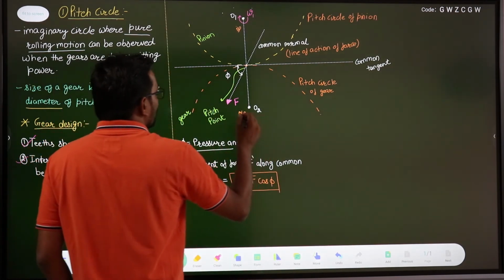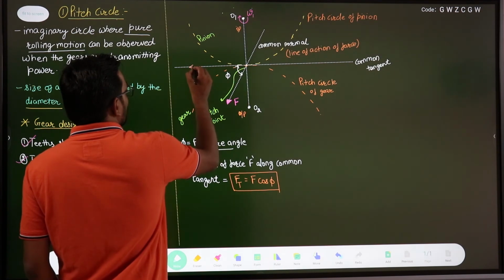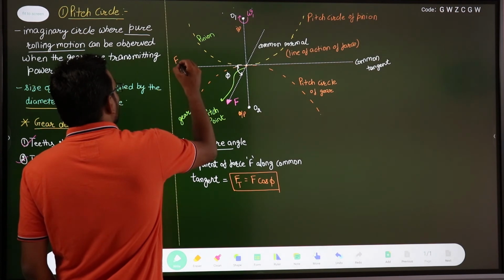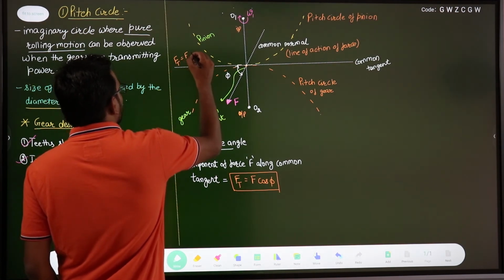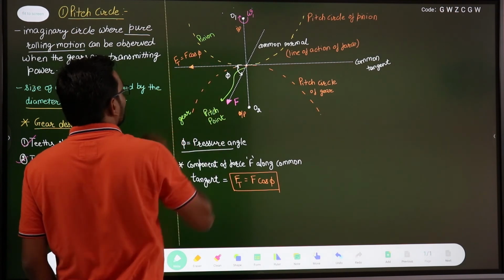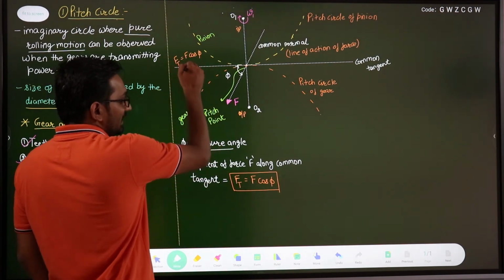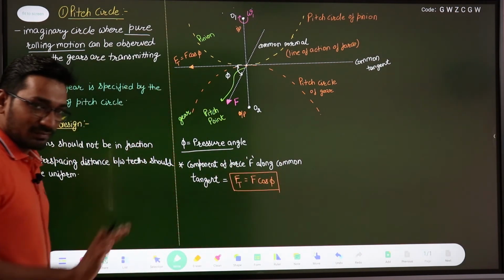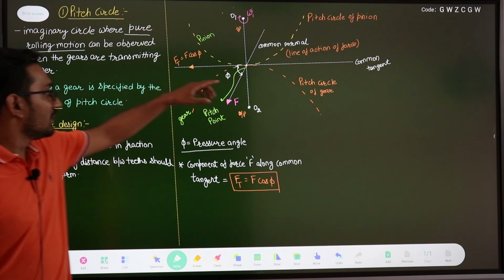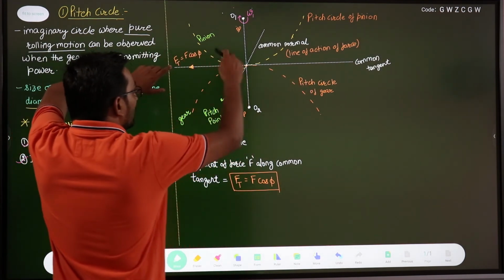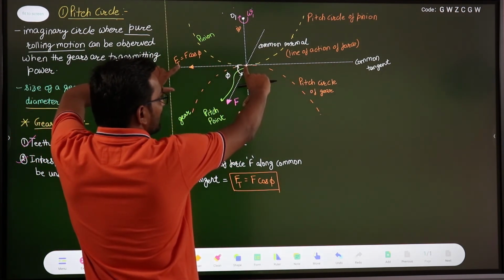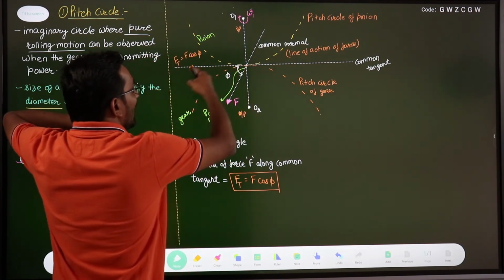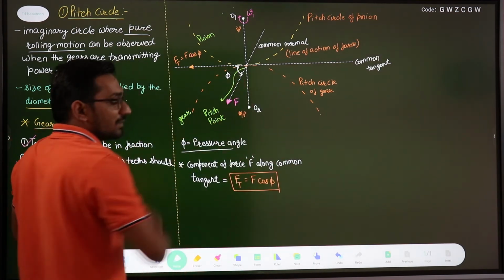Just pay attention now. The component of this force along this common tangent will be Ft, which is equal to F cos phi. This Ft is responsible for transmitting the power. This Ft into this radius will give you a torque, and because of that torque this gear will rotate.